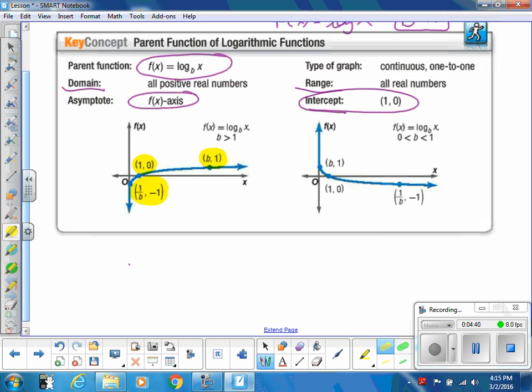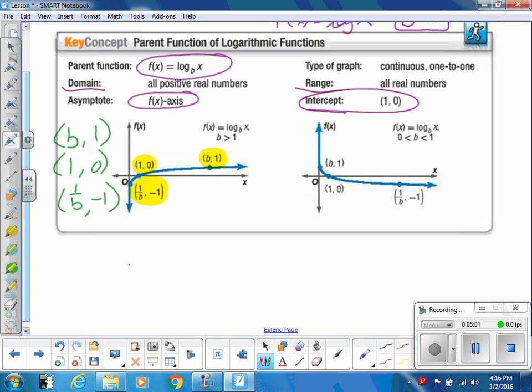You have to remember those three: (b, 1), (1, 0), (1/b, -1). Will it always be those? No. Because we're eventually going to add in a, h, and k, just like every other function family. But for the time being, we want those three.